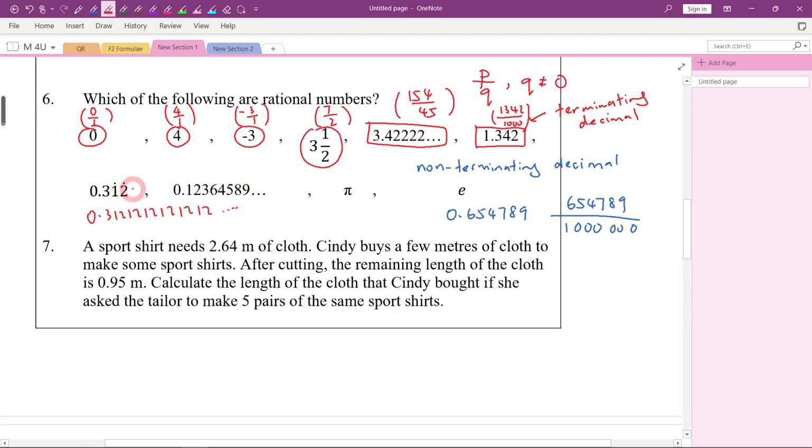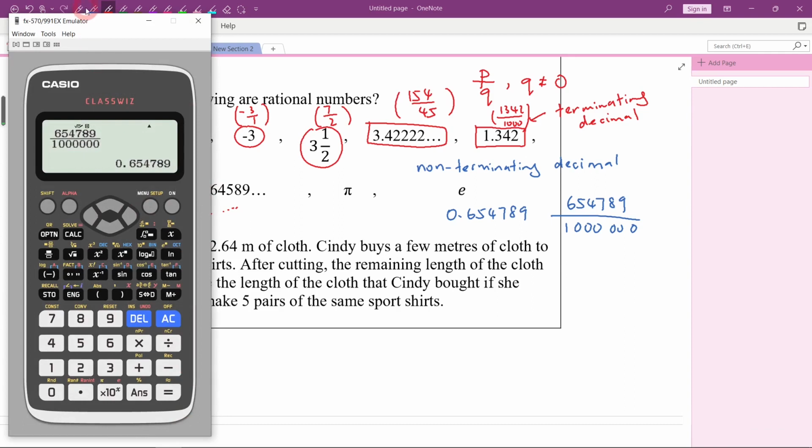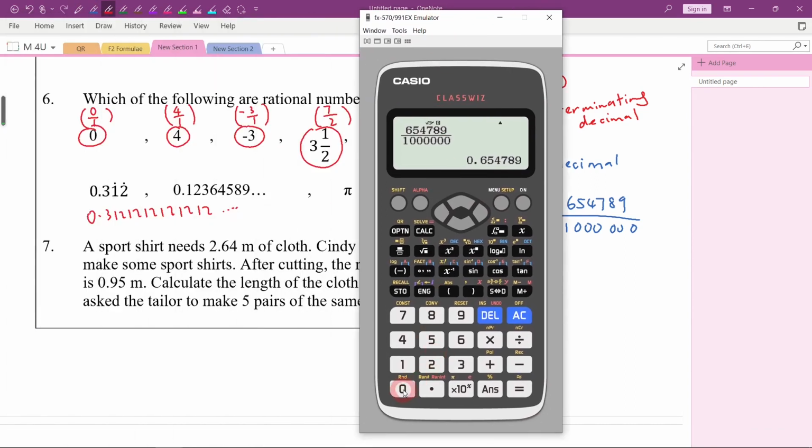So remember, this is a recurring decimal because part of the decimal keeps on repeating non-stop, no endpoint. Is this a rational number? Yes. If you want to use your calculator to help you change it to a fraction, you press 0.312 like this, and you have to press many times.